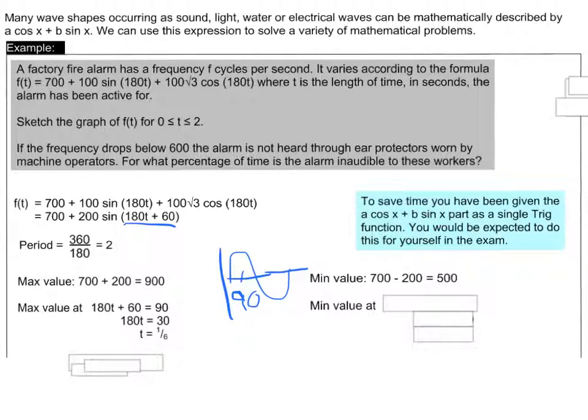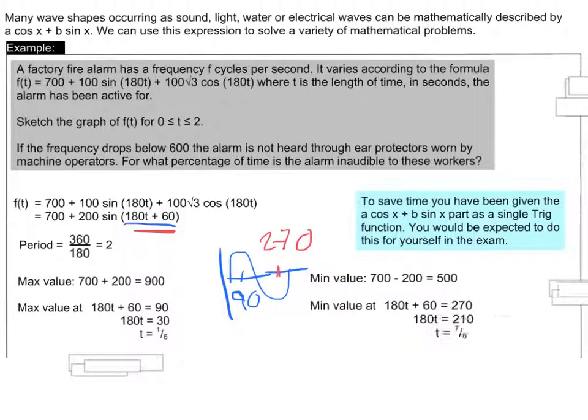Again, minimum value of a sine curve is going to occur at 270. So when the angle is equal to 270, remember our angle, this here, so when our angle is equal to 270, we've got a minimum value. Again, solving the equation, subtracting 60, dividing by 180. Again, keeping a fraction rather than rounding off a decimal.